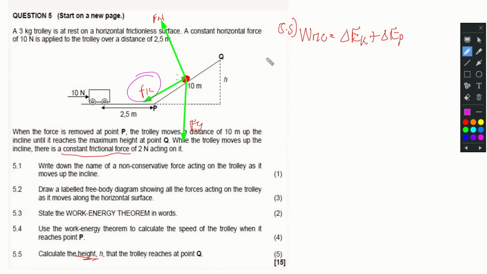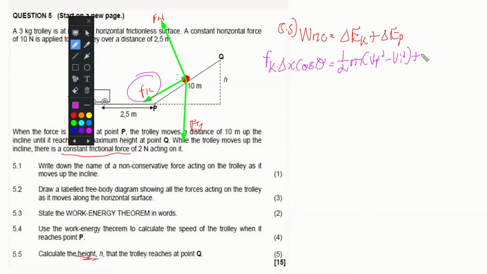So I have Fk, delta x, and then cos theta. And this is equal to half m Vf squared minus Vi squared, plus mg height final minus height initial.